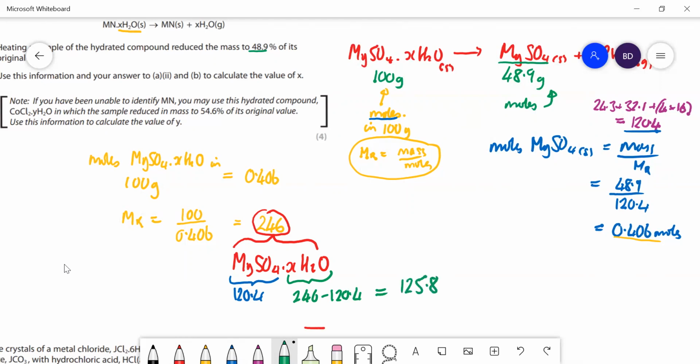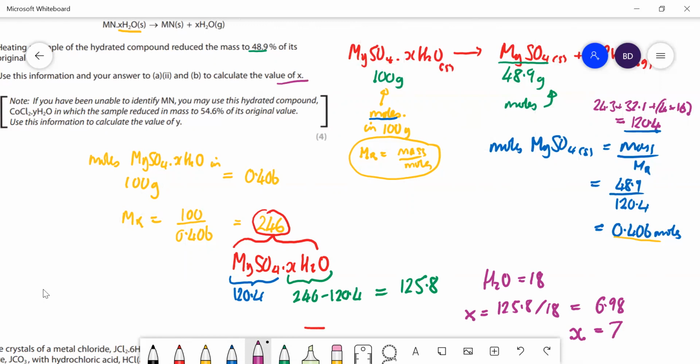Now, one water molecule, it's got an MR of 18. So how many have we got there? So X is going to be equal to 125.8 divided by 18, which gives us 6.98. And so that means the water of crystallization, there can only be integer values, so X has got to be equal to 7. Okay, so we have found the value of X there.